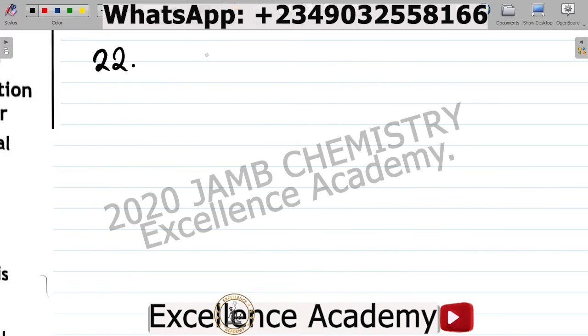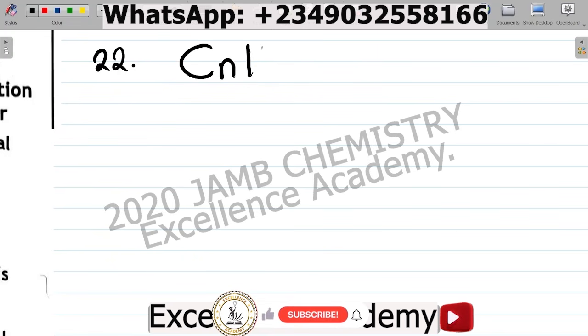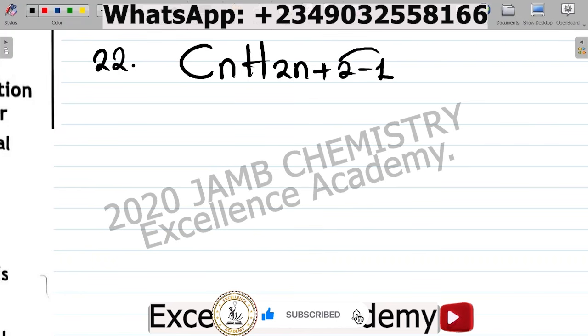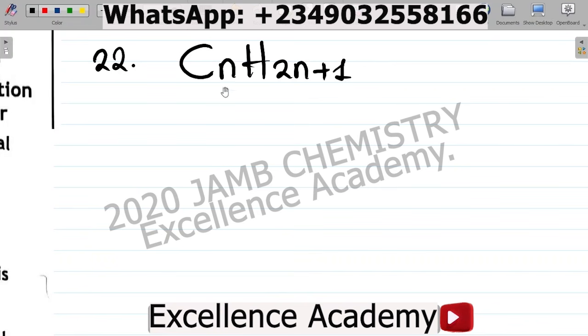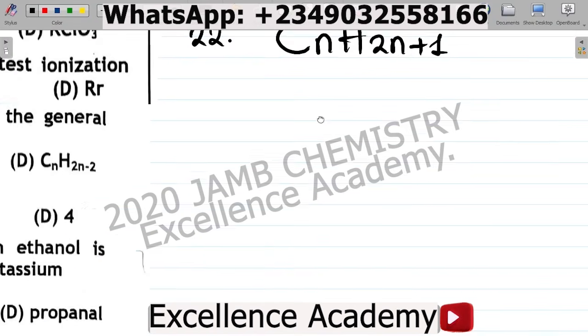The alkanes, your general formula is CnH2n+2. If I lose one hydrogen atom, this becomes minus 1. 2 minus 1 here gives you 1. So that means for the alkyl group, the general formula is CnH2n+1.